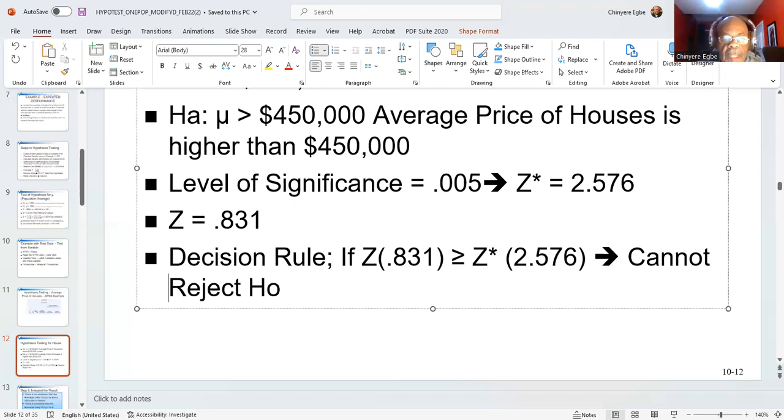And you can see the result shows from negative to positive. It never happens that if Z is less than Z star, you get a positive or negative. Once you have a negative or a positive, the calculated Z will be greater than the critical Z.